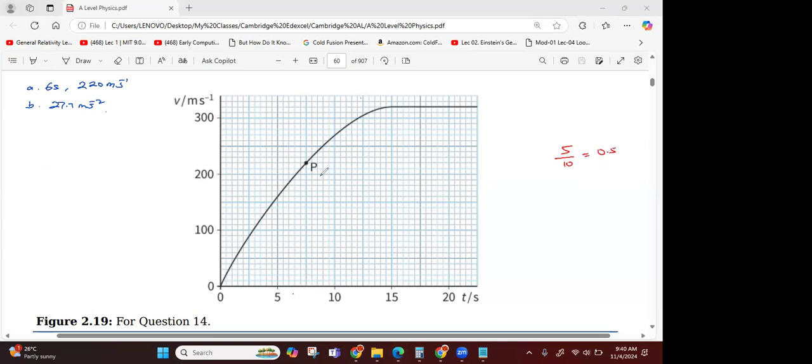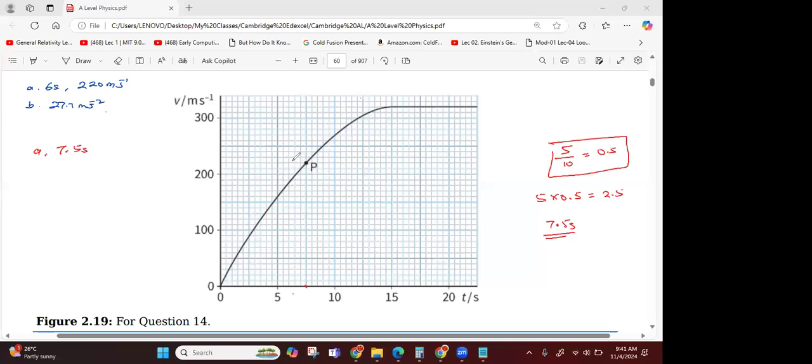This point is in the middle, so the time has to be 7.5 seconds. Or count the squares: 5 squares, each 0.5, is 2.5. So 5 plus 2.5 is again 7.5. Wait, I made a mistake.